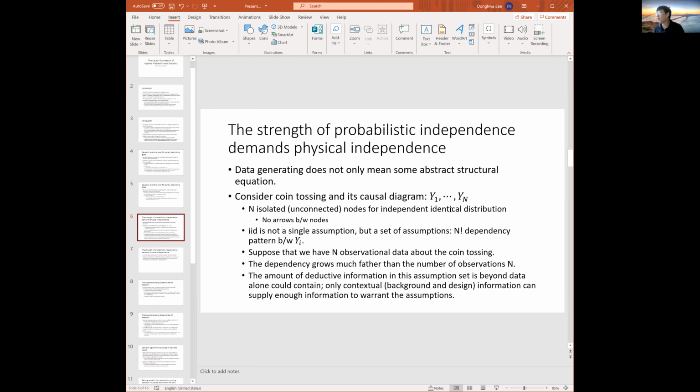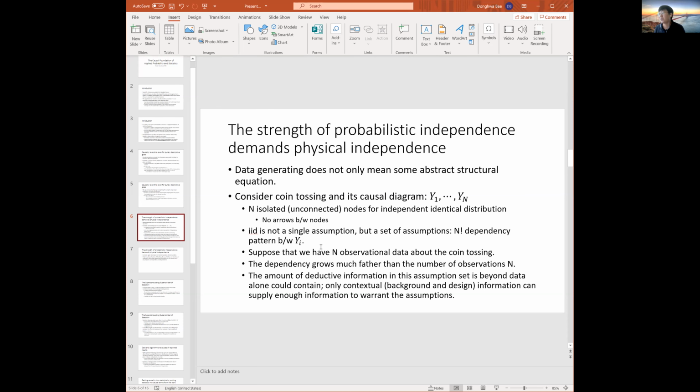Suppose we have observations of those n coin tosses. We have just n observational data points about them. The number of dependence patterns grows much faster than the number of observations n. Even when we have more observations, we cannot fully capture the n factorial dependence patterns between the nodes, or each coin toss.